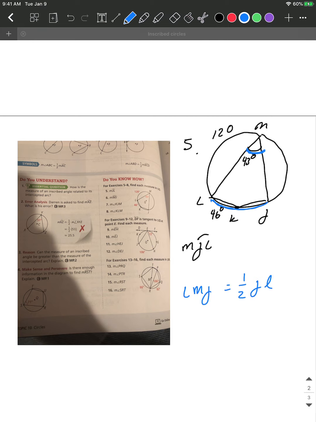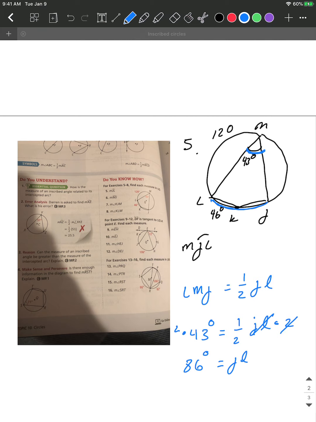So if we plug in the information that we know, then we can work backwards to figure out what we want. We know the measure of the angle LMJ is 43 degrees, and it's 1/2 of JL. If I multiply by 2 to solve for JL, that would be 86. So 86 degrees turns out to be the measure of arc JL. Sorry for crossing that out.